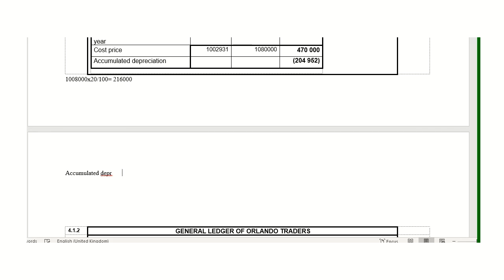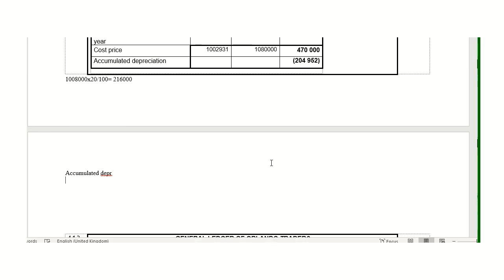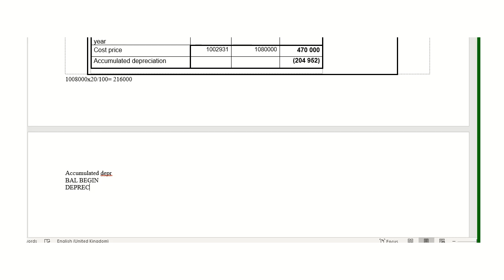It is the balance at the beginning plus the depreciation for the year minus accumulated depreciation for the item sold. And that gives me the balance at the end. So that is basically a formula we're going to use.